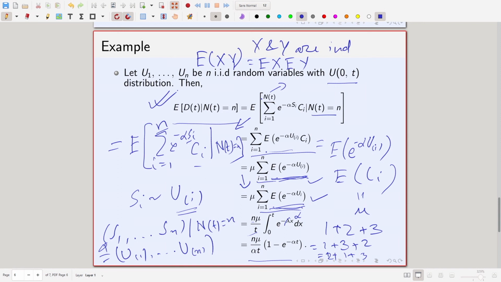And one last thing that we used is that when you are summing up some numbers, if you reorder those numbers, the sum does not change, or the sum is independent of the ordering of numbers, right? Okay, so using all this we get that this expectation of Dt given Nt equal to n is this.